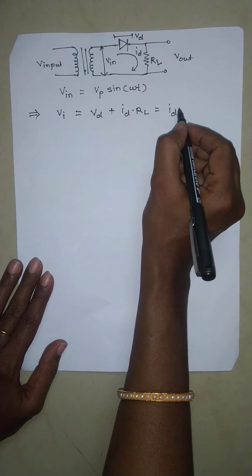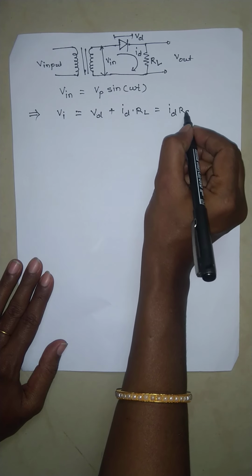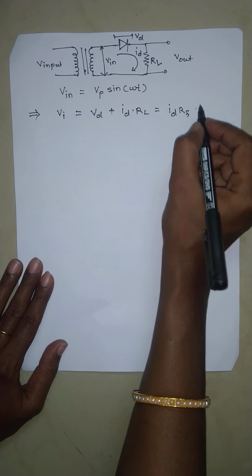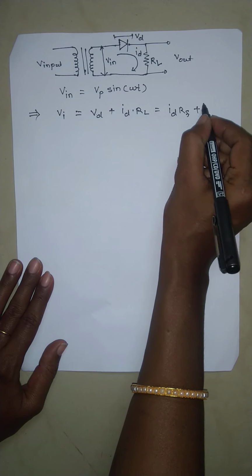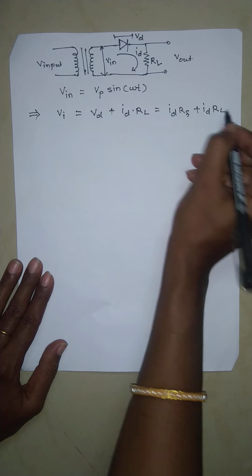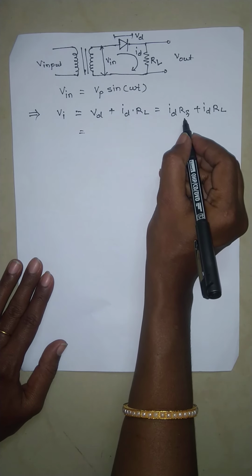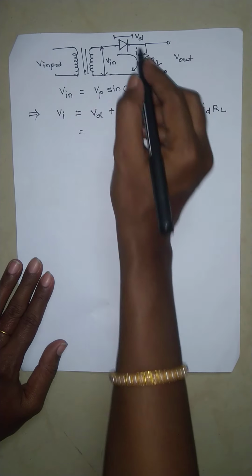So it should be equal to Id into Rf, that is the resistance of the diode when it is forward biased, plus Id RL, where Rf is the forward bias resistance of this diode.